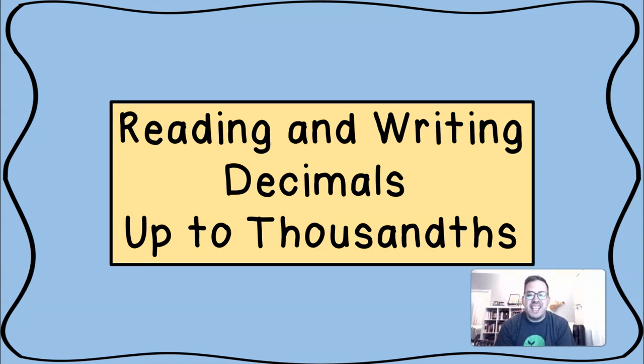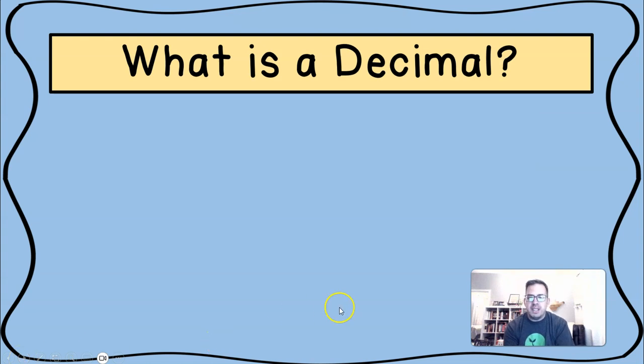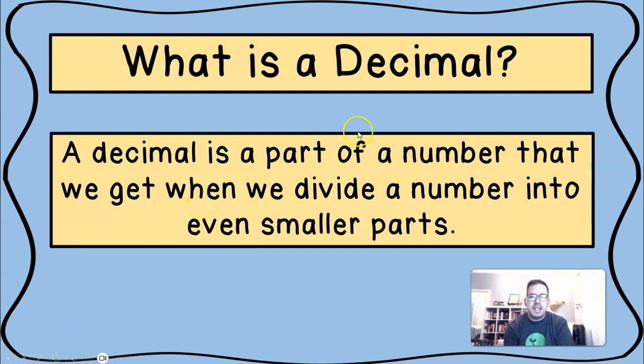This is Mr. Pearson, and we're going to talk about reading and writing decimals up to the thousandths place. So let's get started. First thing we want to ask ourselves is, what is a decimal? A decimal is a part of a number that we get when we divide a number into even smaller parts.